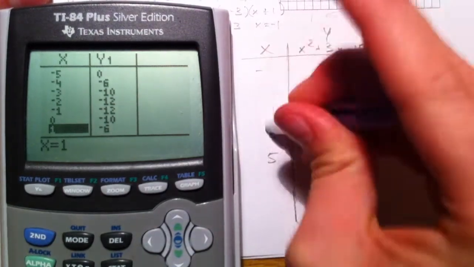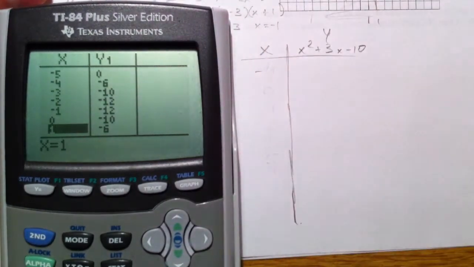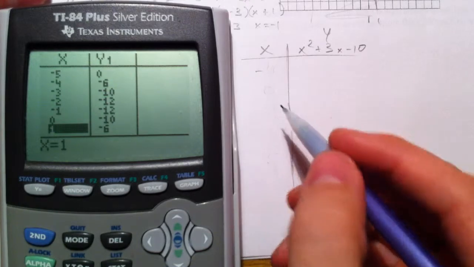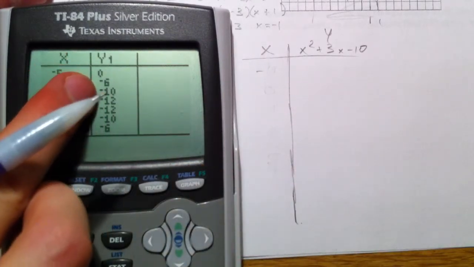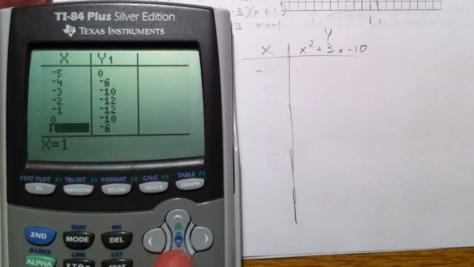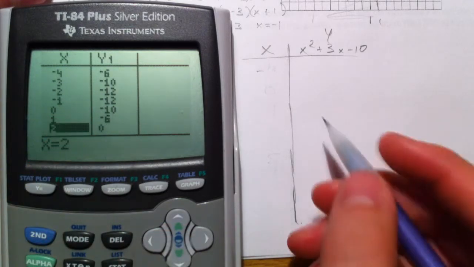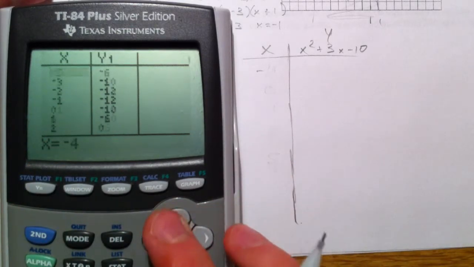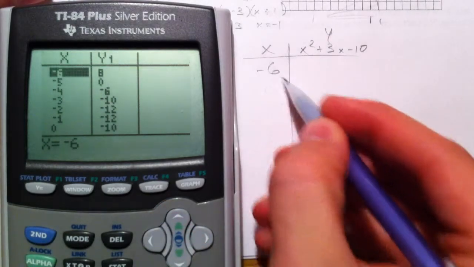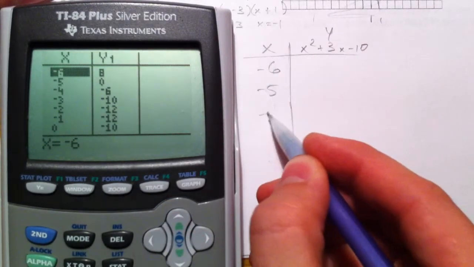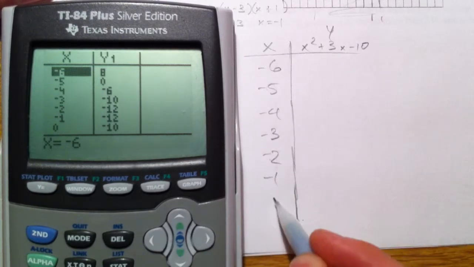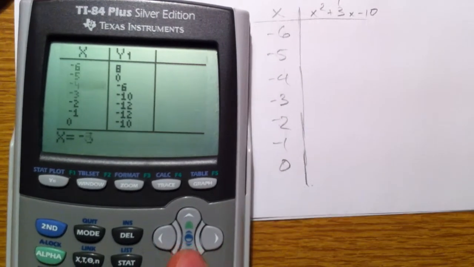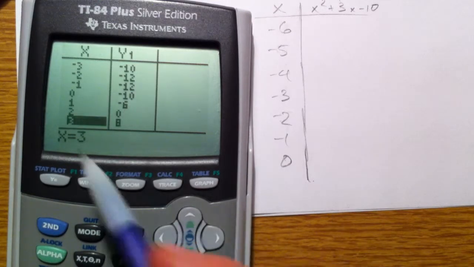So if we start it, sorry, not thinking, because it opens up. Notice how it goes from 0, negative 6, down to negative 12, back up to negative 6, and back up to 0. That's what we want. So I'm going to say negative 6, negative 5, negative 4, negative 3, negative 2, negative 1, 0, 1, 2, 3.